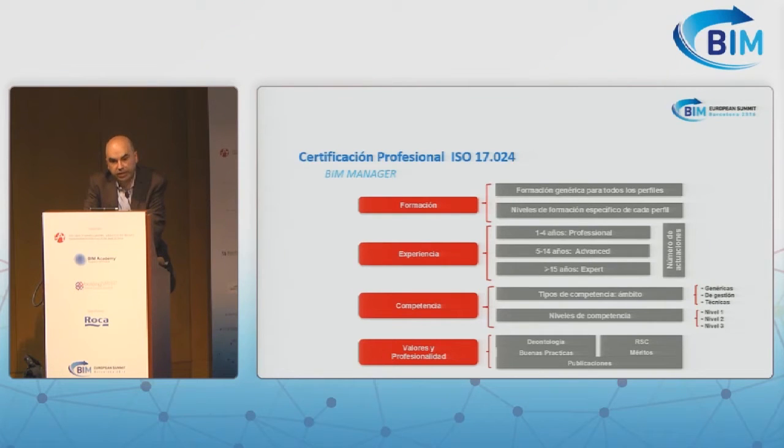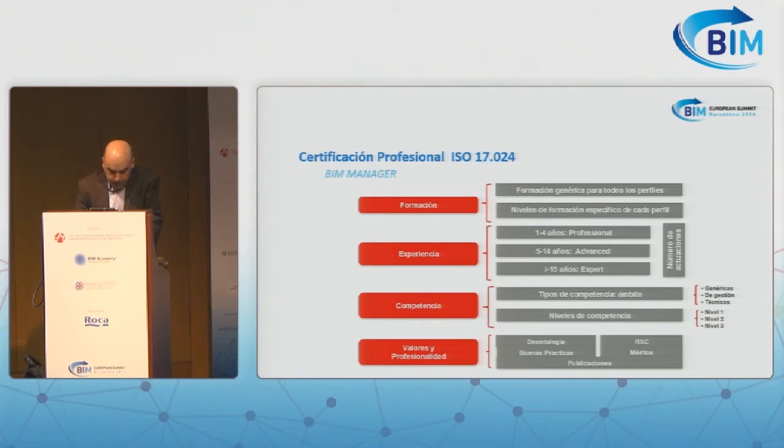If you look at the slide, you'll see that we have different categories. For example, in this specialty, this BIM manager, we see 4 levels. We go from the professional certification through the advanced and expert certification. So the BIM manager will grow as the experience grows as well.